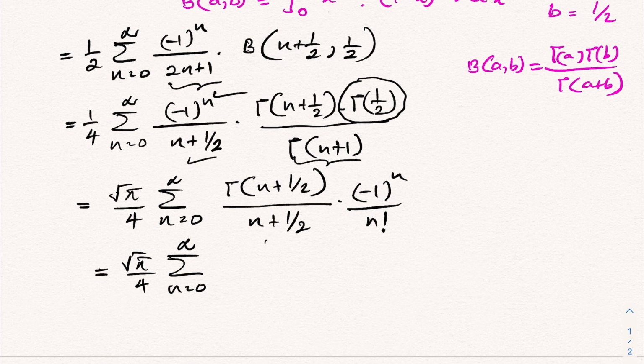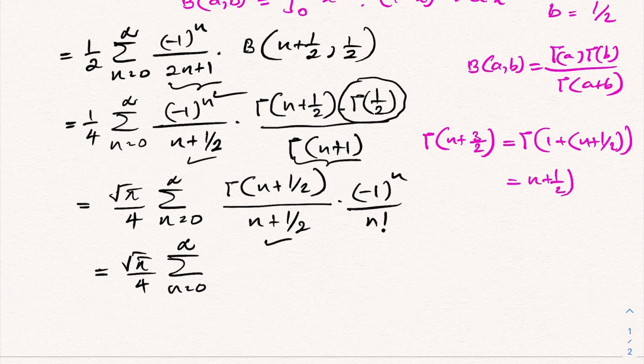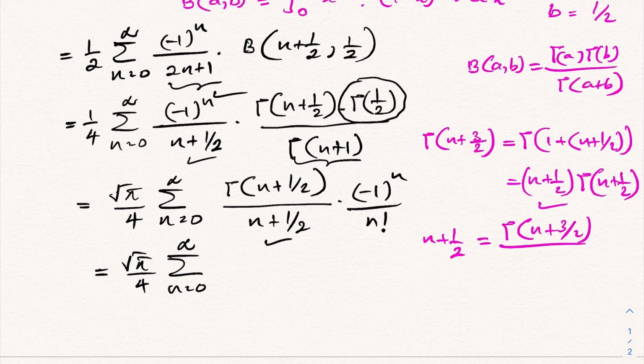Now in the denominator we have n plus 1 half, so I'm going to write n plus 1 half by using the gamma function. Therefore if we take gamma of n plus 3 over 2, we can write this is also equal to gamma of 1 plus n plus 1 half, and we know this is equal to n plus 1 half times gamma of n plus 1 half. Now we can isolate the n plus 1 half, so n plus 1 half is equal to gamma of n plus 3 over 2 over gamma of n plus 1 half.